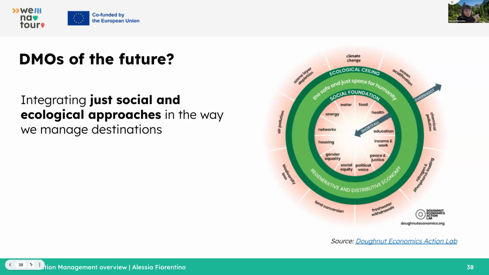So the safe and just space for humanity is what stands inside the two circles. So it does not focus on endless growth, but promotes a very balanced approach. One minute to explain this is not enough, but this is an approach that destinations are or should be tending to as well.